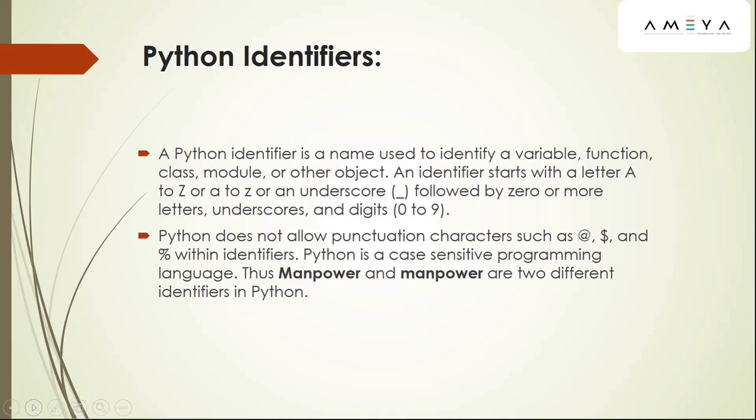The meaning of the word is the same, but the declaration and initialization are different, because in the first, the M is in capital letter, and in the second one, it is all in lowercase letters. So Python understood these two words are different. So we can call it a case-sensitive programming language.